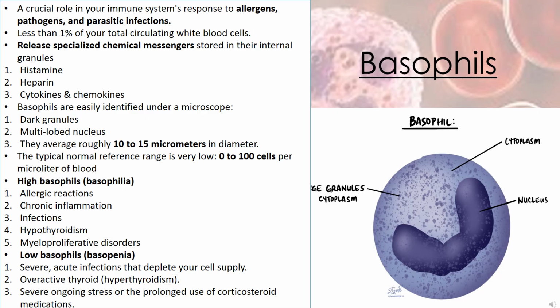Common causes include allergic reactions, chronic inflammation, infections, hypothyroidism, and myeloproliferative disorders. Low basophils, basopenia: severe, acute infections that deplete your cell supply, overactive thyroid, hyperthyroidism, severe ongoing stress, or the prolonged use of corticosteroid medications.